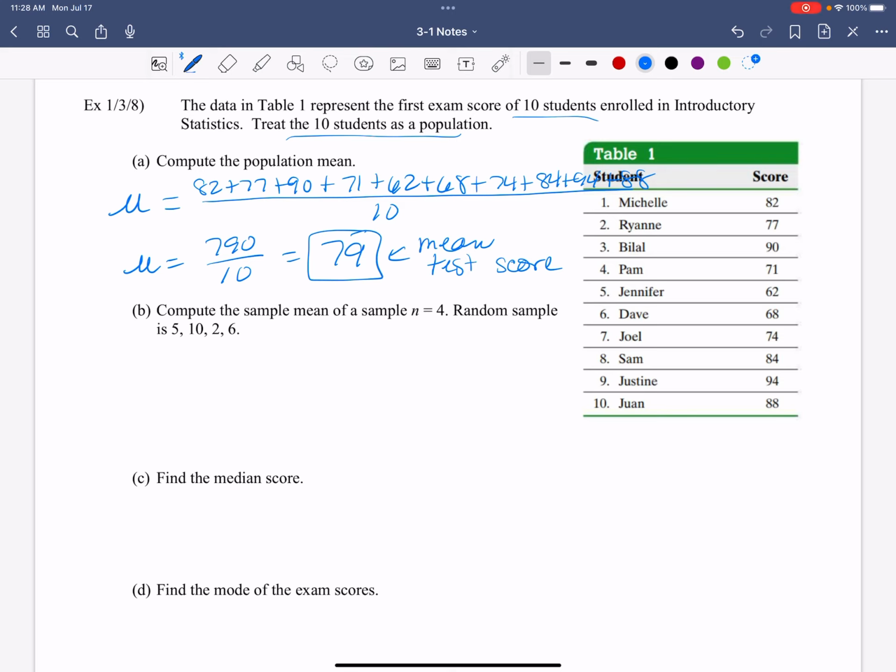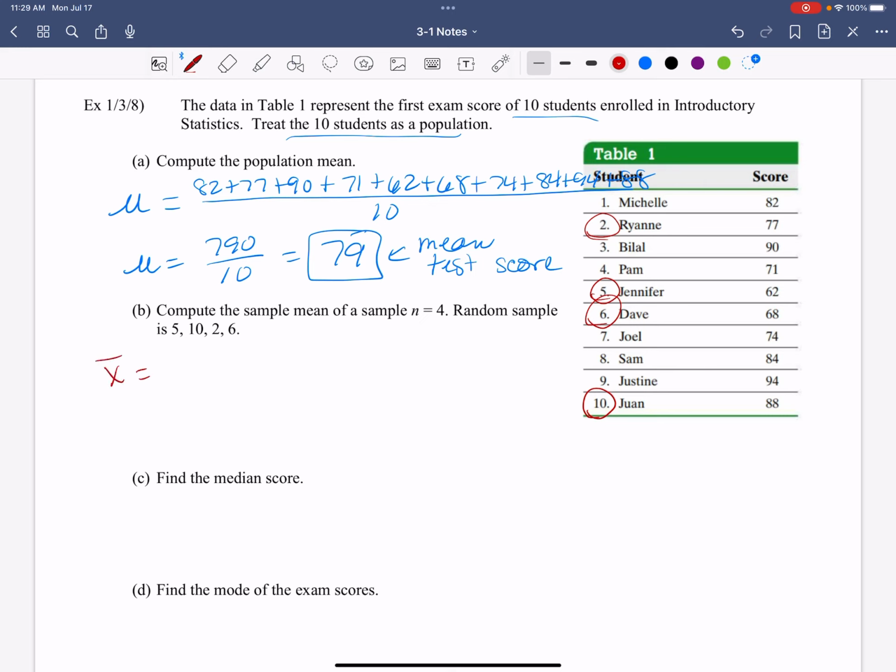Okay, compute the sample mean of sample size 4 with this random sample here of number 5, number 10, number 2, and number 6. So those 4 students, Ryan, Jennifer, Dave, and Juan. All right, so what's the symbol for the sample mean then? That's your X bar. Good.